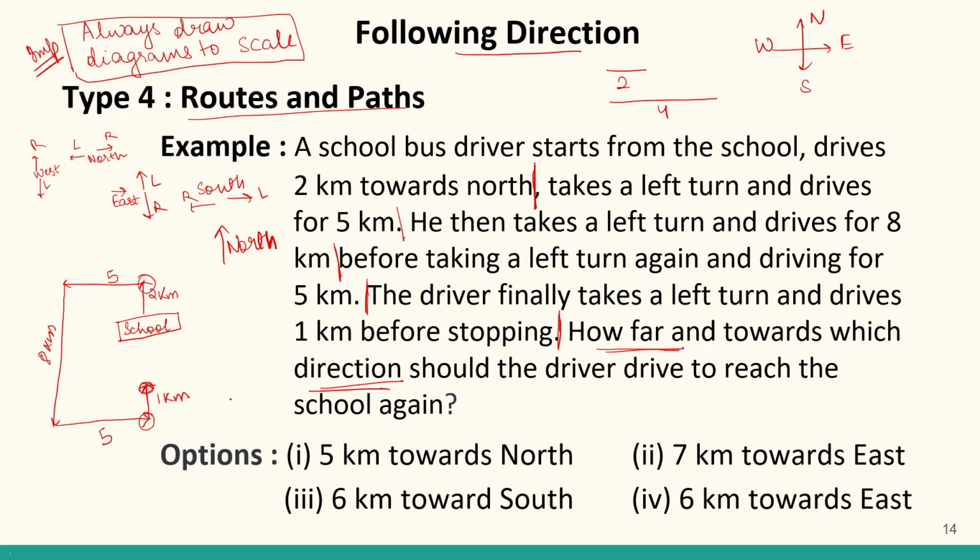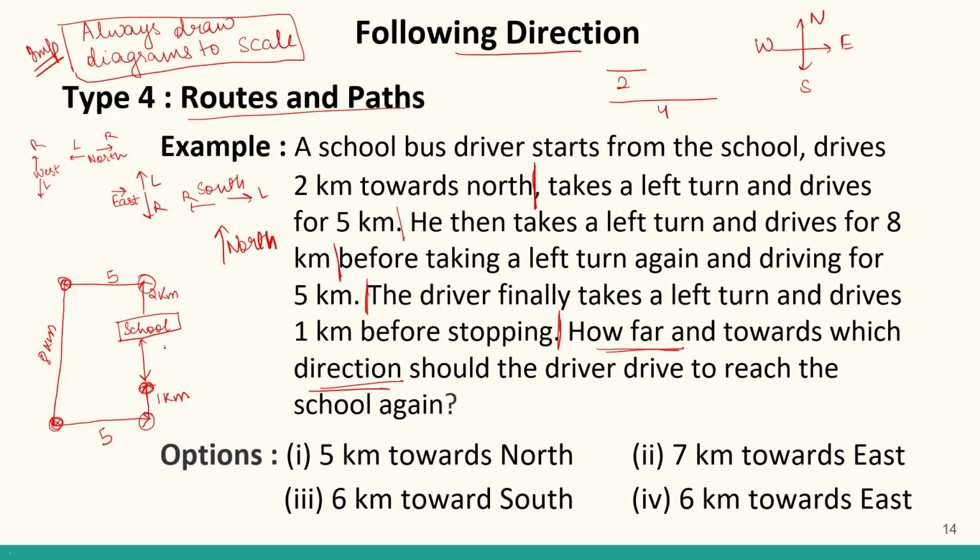Now, second part is how far. So let us calculate. Over here, this point and this point will be exactly adjacent to this point. These 4 points form a rectangle, right? So if he is moving 8 kilometers down and over here he has already covered 1 kilometer and 2 kilometer distance, so this is the distance between the school and the ending point.